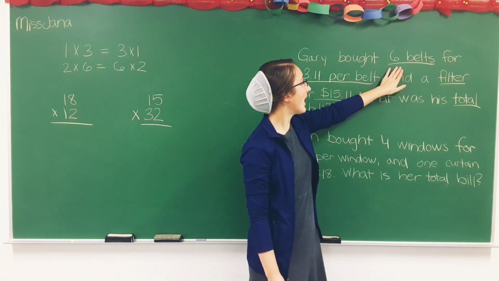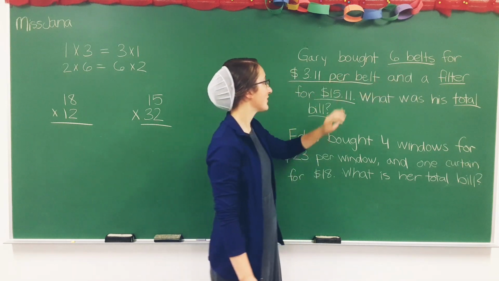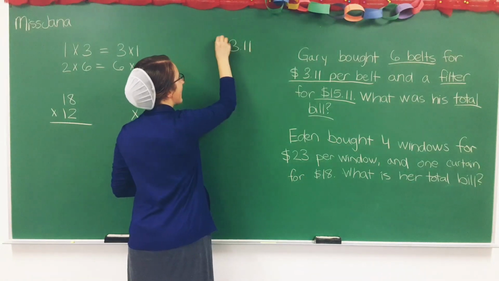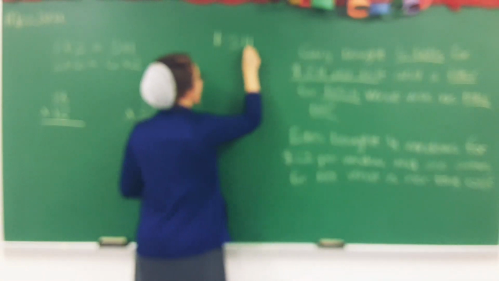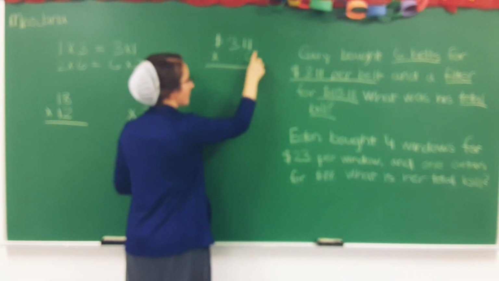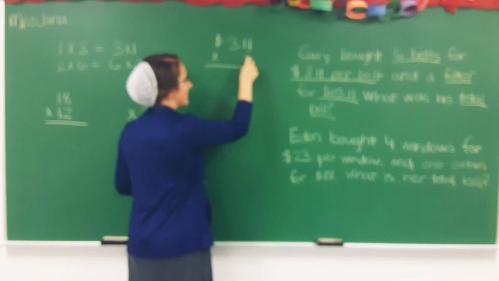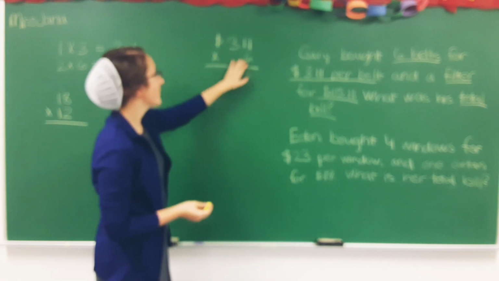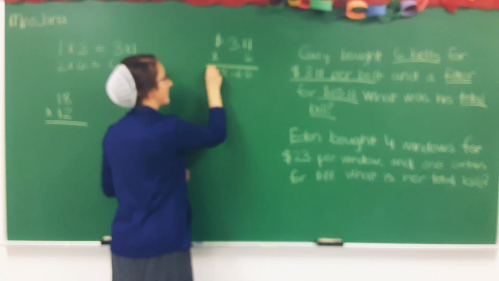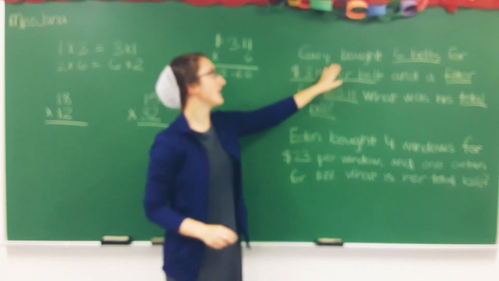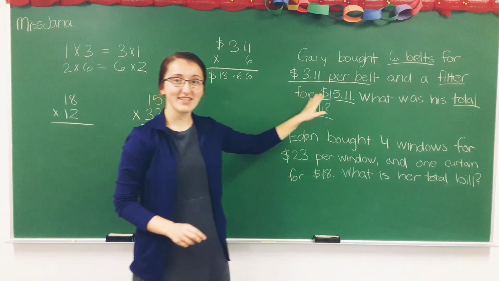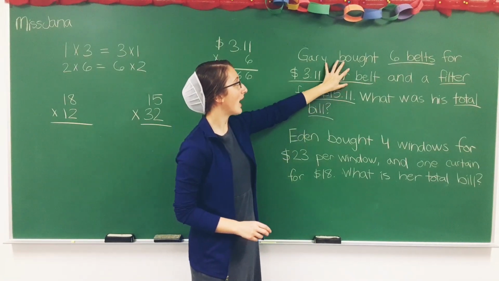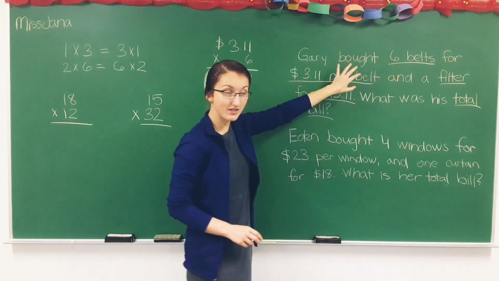So we need to write $3.11 times 6 belts. 1 times 6, 1 times 6, and then the decimal point, and then 3 times 6 is 18. So Gary spent $18.66 on belts.